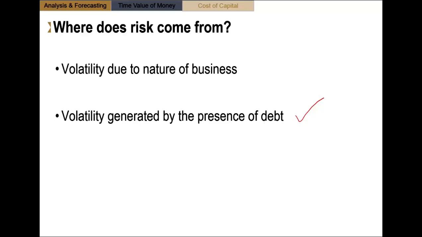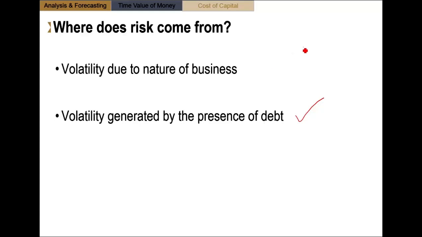So that is our concern, that at some point maybe the volatility of the earnings will be such that that company that has debt and has to make those payments may not be able to comply with it, right? So overall, the mere presence of debt increases the risk of a company, even though it does not necessarily mean, again, that it would go bankrupt, but it's just riskier than one that has less debt or no debt at all. I hope that makes sense.